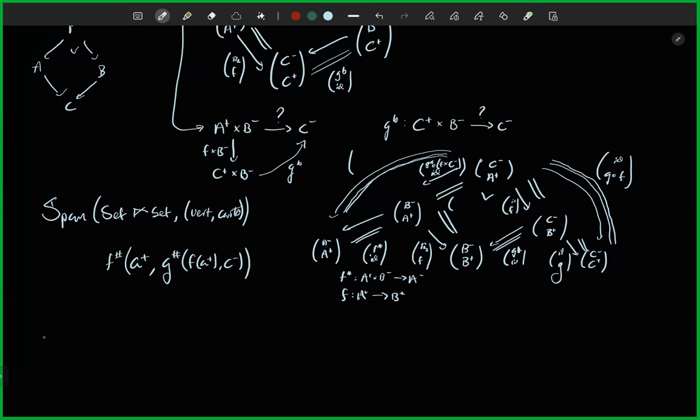So in other words, we have that span set semi-direct product set, vert cart, is equal to lens in set.